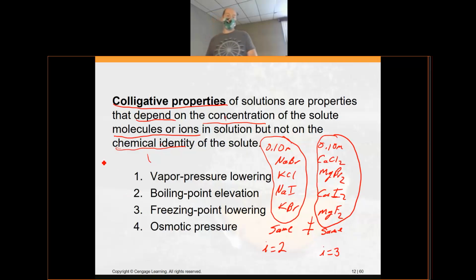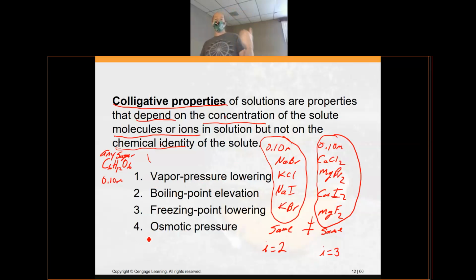All right, and that would be different than if we had glucose, C6H12O6. If we had 0.10 molal, it is not the same. But you pick any sugar, glucose, fructose, xylose, any of the things that end in -ose, you got all these hundreds of sugars.